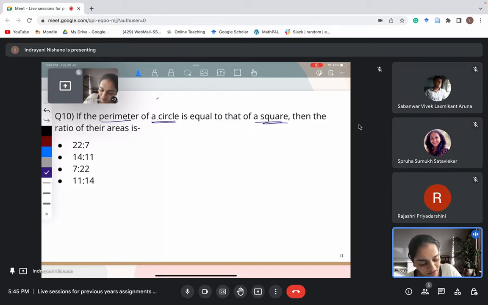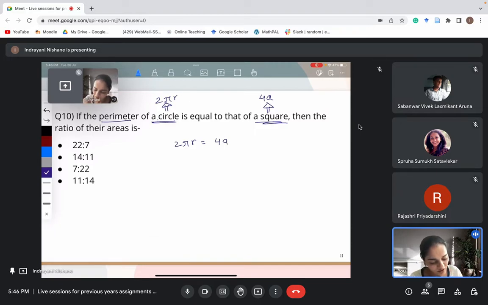Circumference formula is 2 pi r, right? And perimeter of square is 4 into side, right? So now we know that the perimeter of the circle is equal to that of the square. So 2 pi r will be equal to 4a.